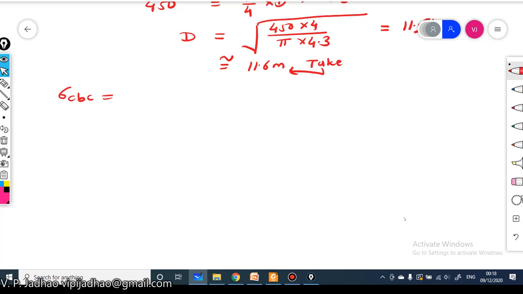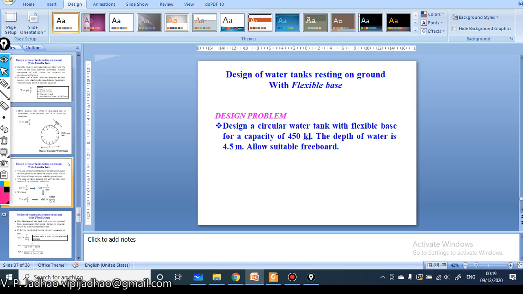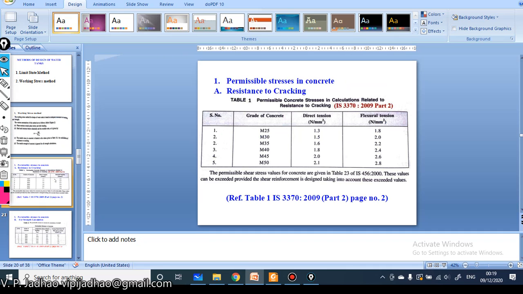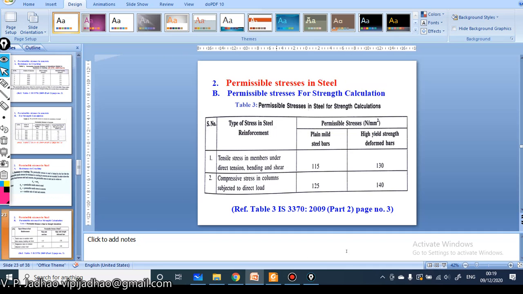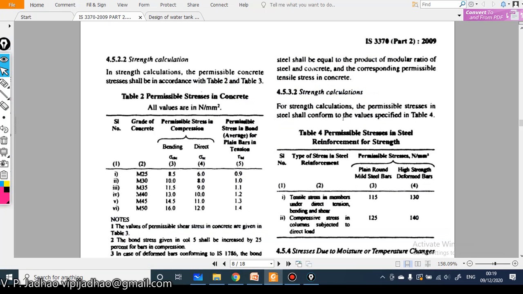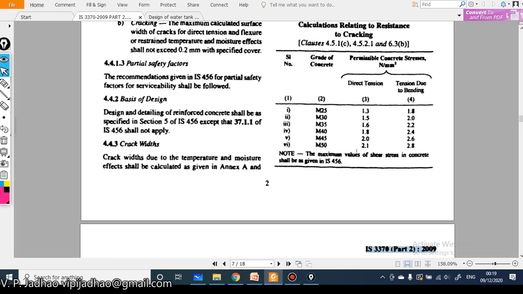Then we have to find the value of sigma BT, then the value of sigma CT and the value of sigma ST. All these values can be found from the tables I have shown you here, these three tables, or otherwise you can refer to IS 3370 part 2, 2009, where you can get all these values.